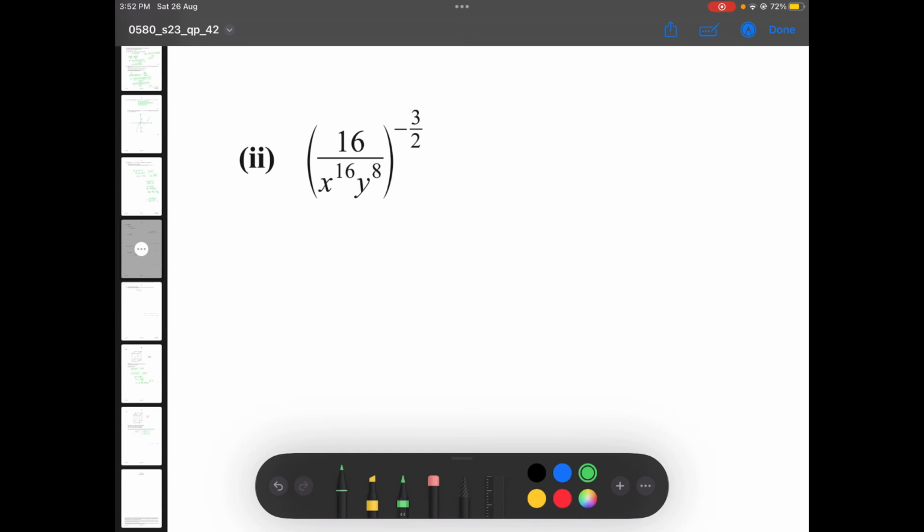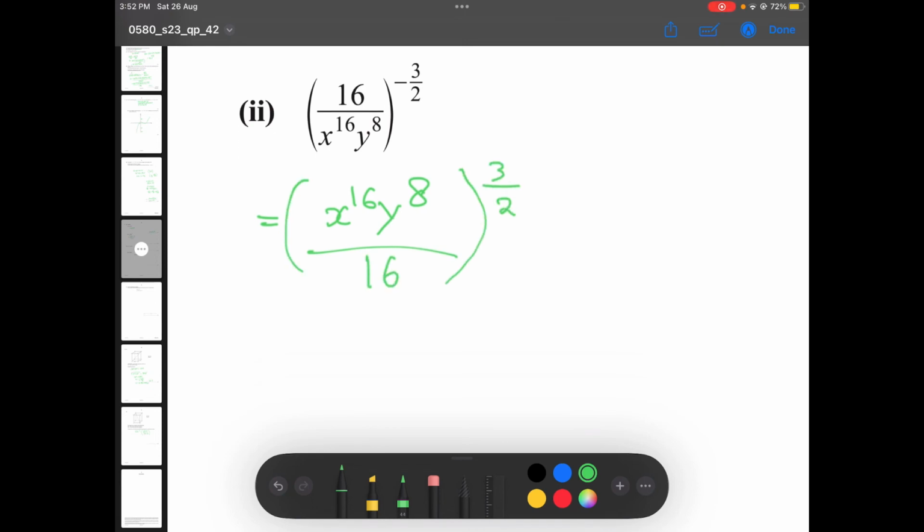So if you put x raised to 16 over y raised to 8 over 16, raised to 3 by 2, it still gives you the same answer as the previous one. Yes, so this equals x raised to 16, y raised to 8 over 16, raised to 3 over 2.